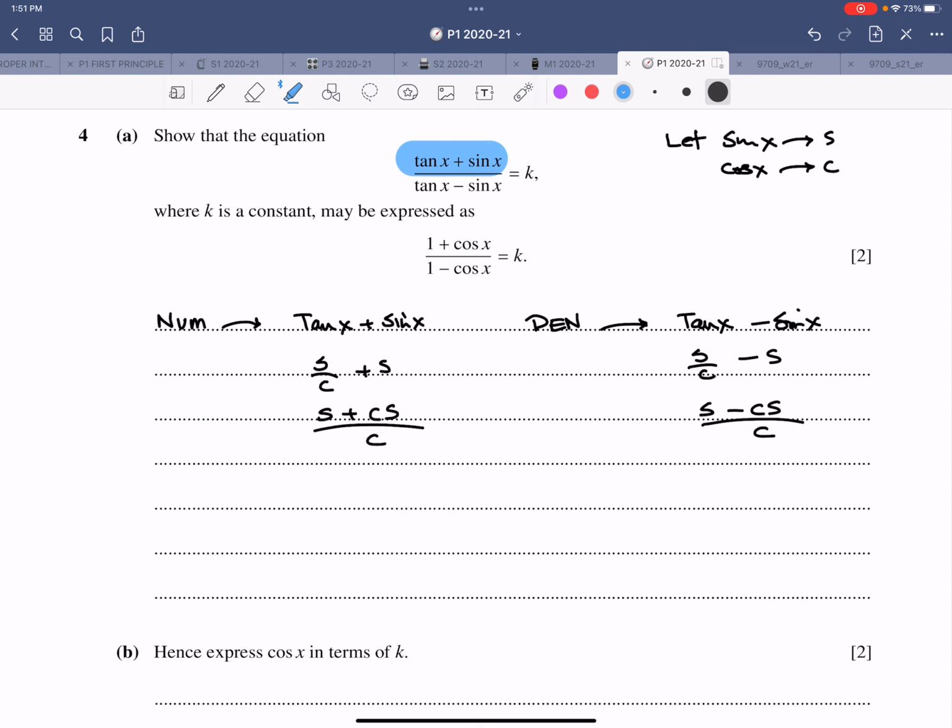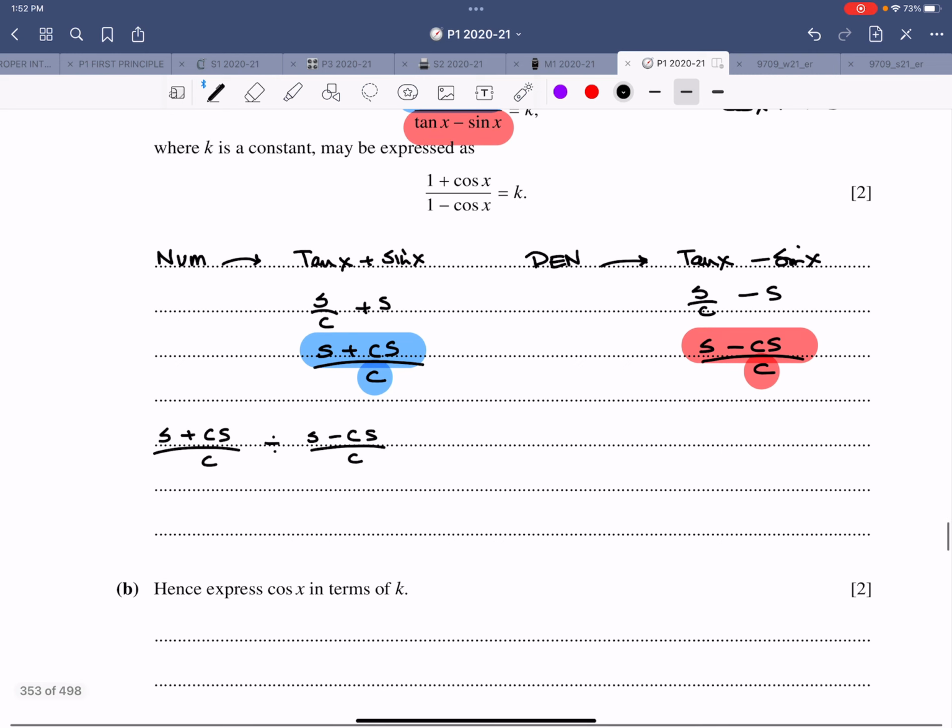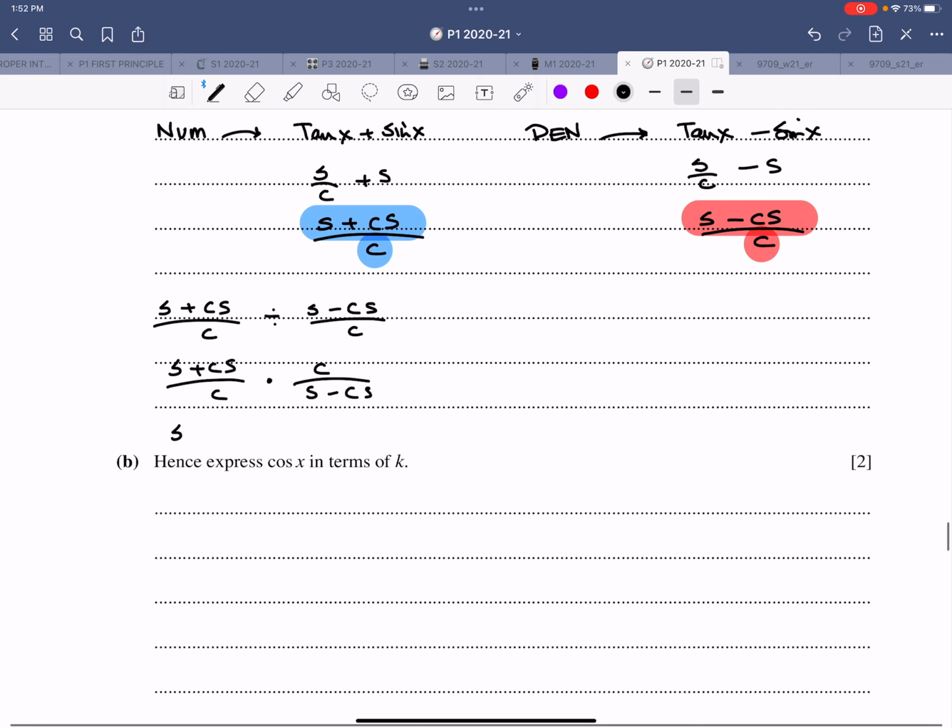That is this thing now. And the denominator, this thing, is this thing now. So numerator over denominator, first simplify, then equate it to k. So sine plus cosine divided by cosine, divided by sine minus cosine over cosine: s plus c over c, divided by c over s minus c. Take s common: 1 plus c, divided by s common: 1 minus c.